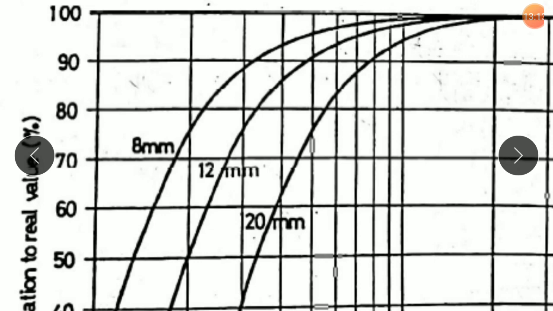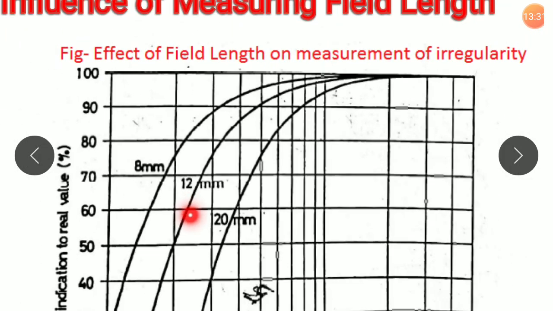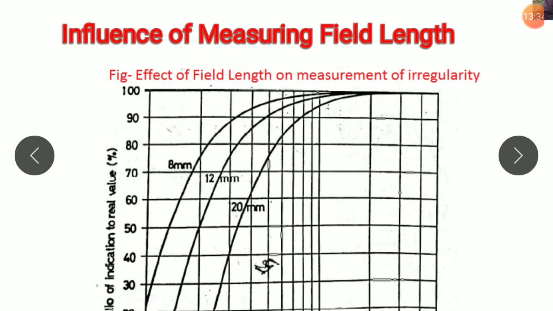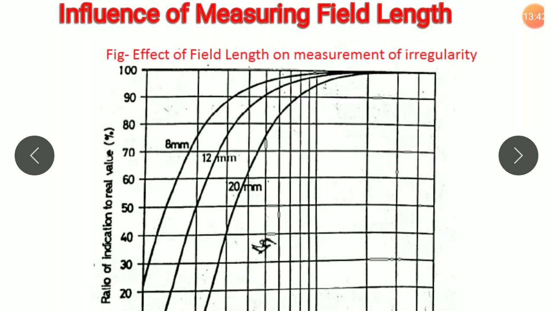If you take 20 mm the signals will be higher, since not much compromise is there in the display of the irregularities. That's why instead of taking 8 mm for slivers, we take 20 mm, because more than 95% of the variations are shown by the instrument, and we get better quality of signals.